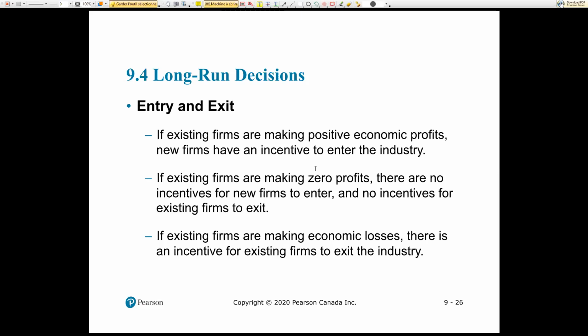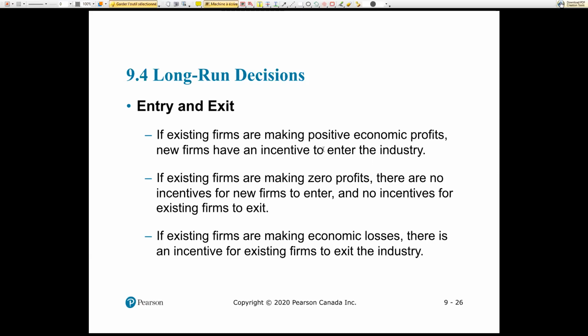And if, on the other hand, there are too many firms on the market, then they're making a loss. So in the long run, you're going to go to your bank and say, sorry, I know you loaned me $1 million to produce this, and I told you I would make a profit. I'm making a loss, so I'm bankrupt. I can pay you back whatever I can, but I'm exiting the market.